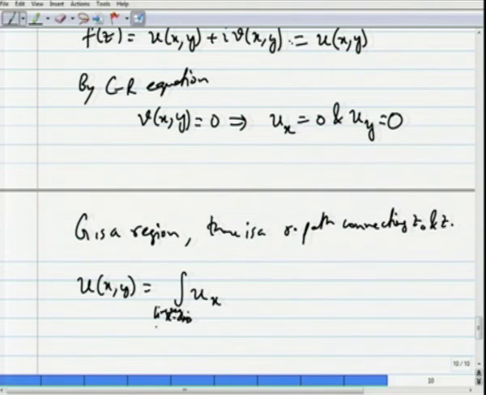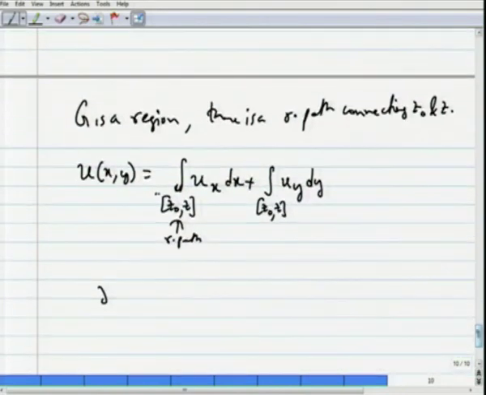I will just say on z naught z, this is to indicate the rectangular path connecting z naught and z, and then you can integrate u x with respect to x. And on the line segments of the rectangular path which are parallel to y axis, you can integrate u y with respect to y.